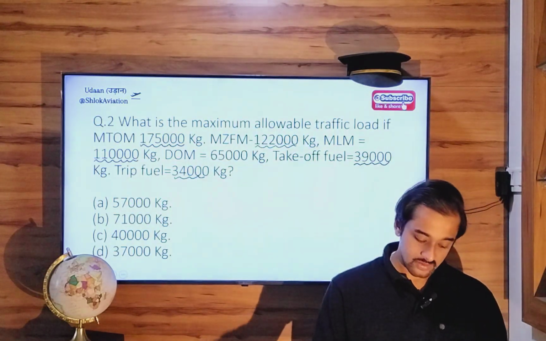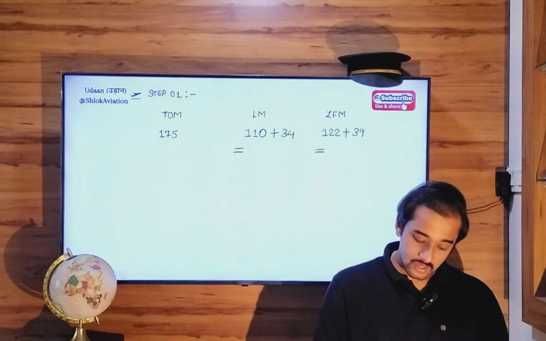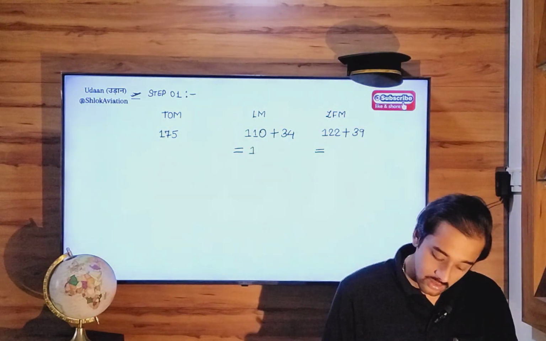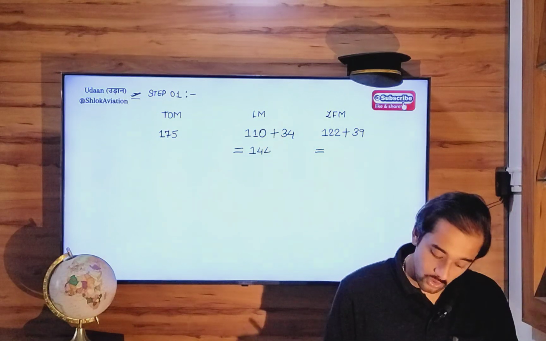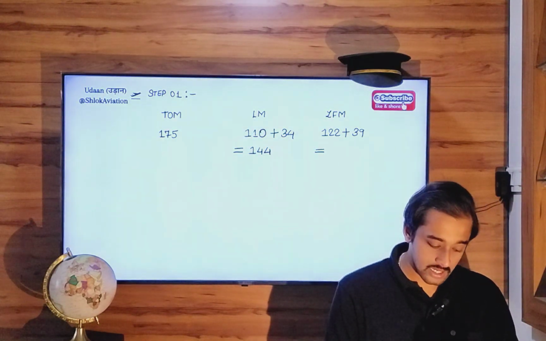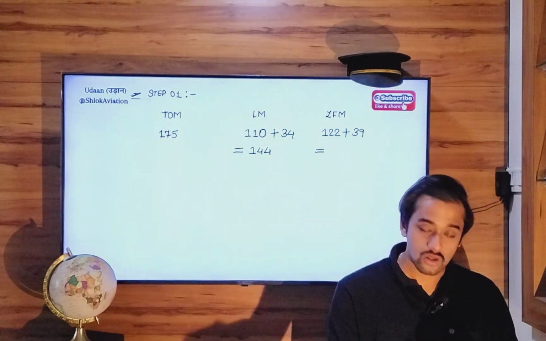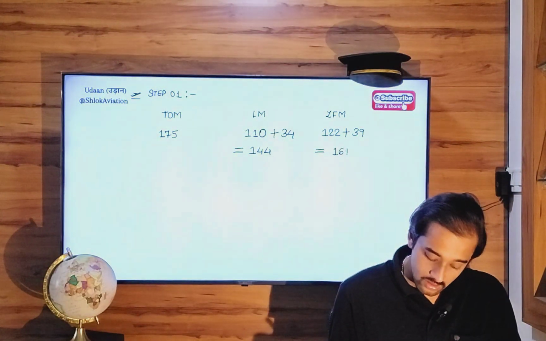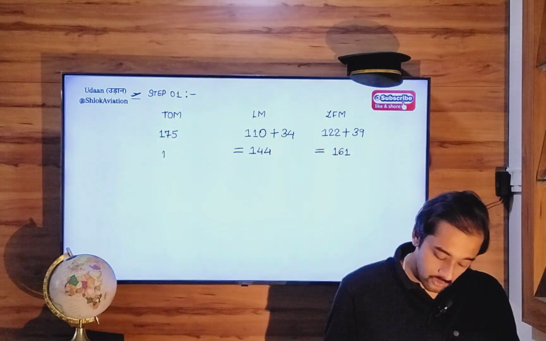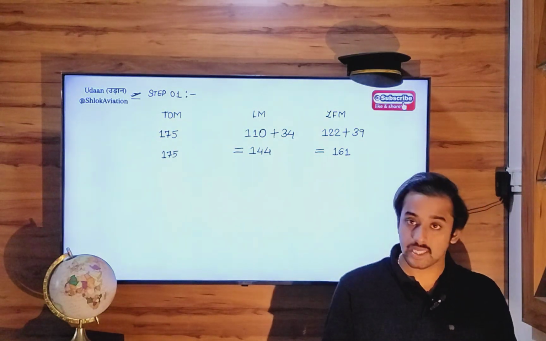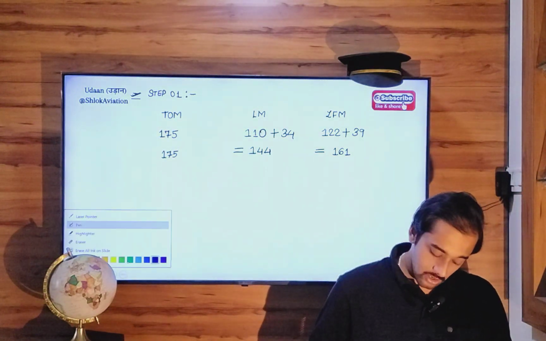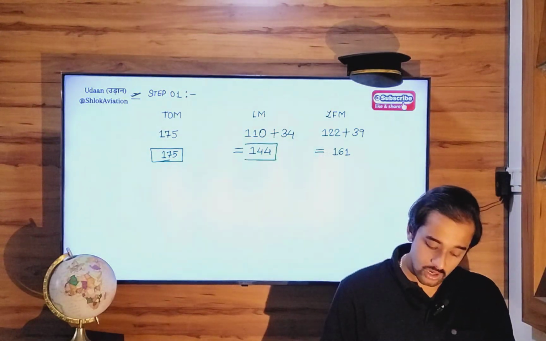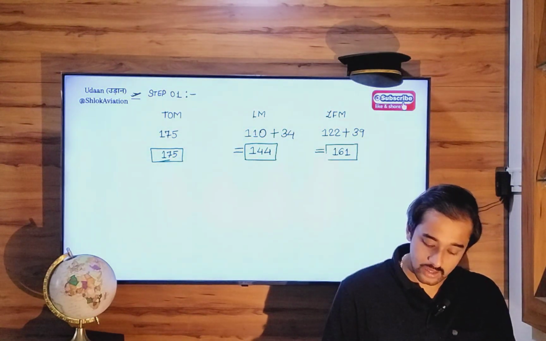So let's add them. 110 plus 34 is 144. 122 plus 39 is 161. And in the takeoff column, 175 is going to remain the same. So now we have three takeoff values, 175, 144 and 161.